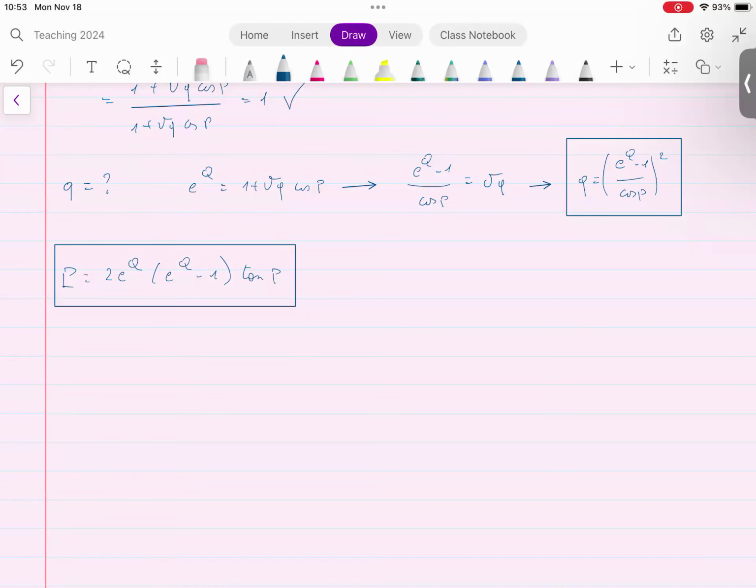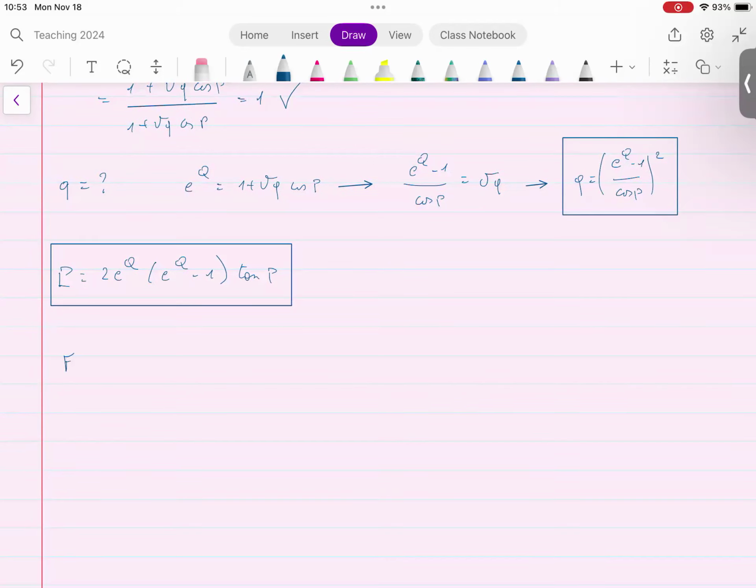Okay, so let me just write this down. We are looking for a generating function of the form F3, function of p, big Q, and t. And well, in this case, we're not going to have any time dependence, so who cares? Plus q_i p_i. In this case, we only have one variable, so I can dispense with the index.